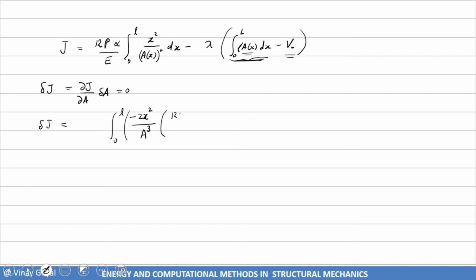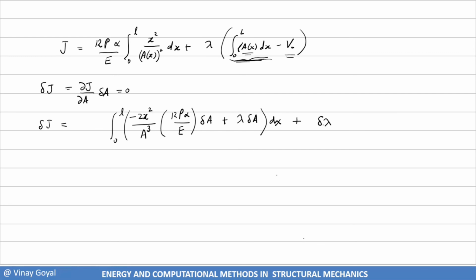So that's 12 P alpha over E del a, and then I have this term which is minus lambda del a. And so now I can close the parenthesis dx, and I don't know why I put minus here, it should be plus. So again, a number of mistakes I'm making, but hopefully we can get through it together.